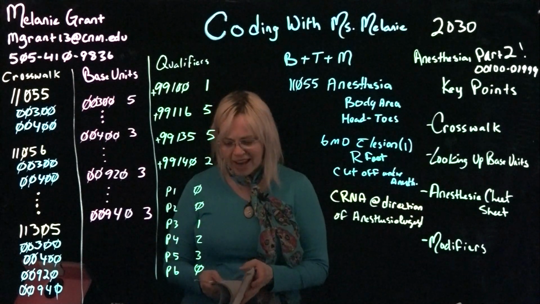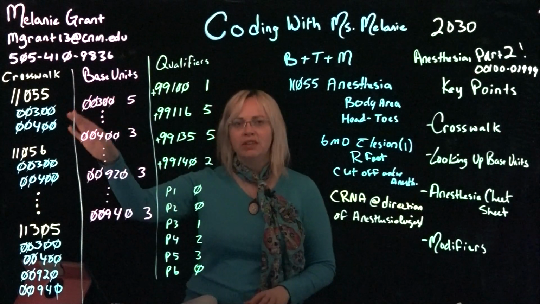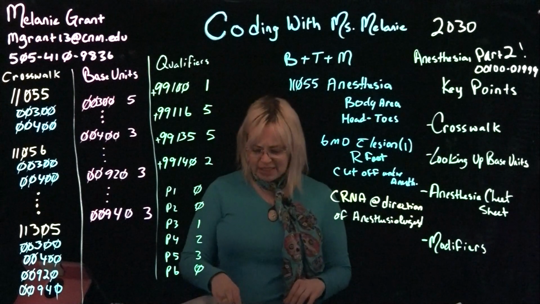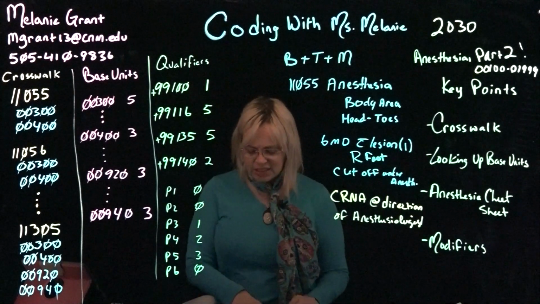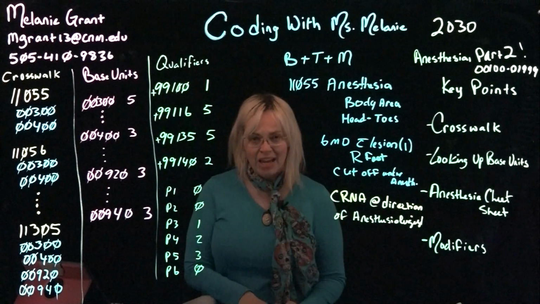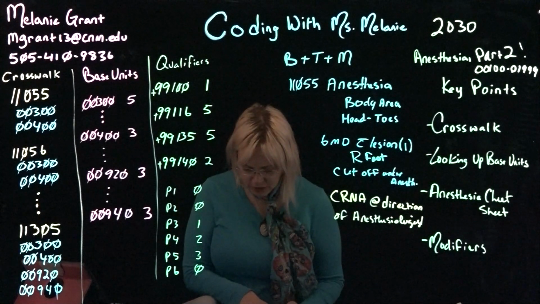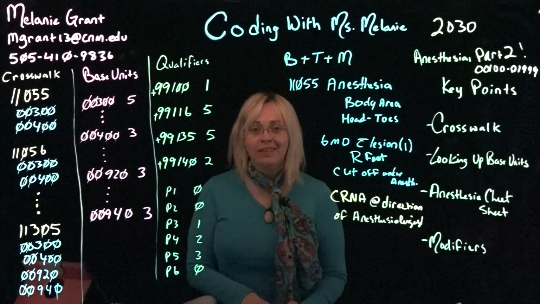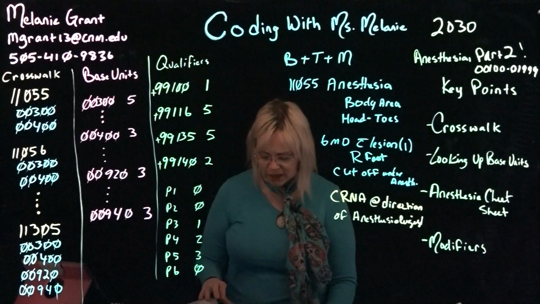Okay, so we're going to go to our anesthesia section to look at both of the anesthesia codes in the crosswalk. For 00300, I see that this is of the neck. Anesthesia for all procedures on the integumentary system, muscles and nerves of head, neck, and posterior trunk, meaning the back, not otherwise specified.